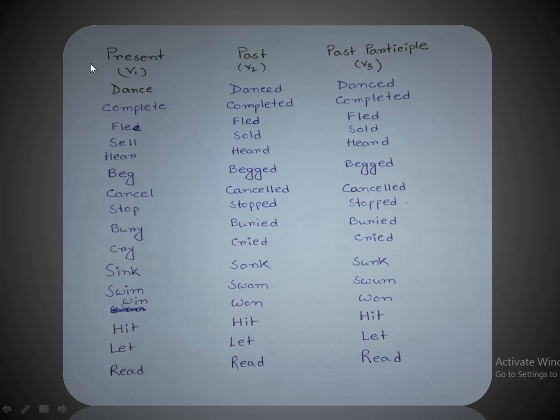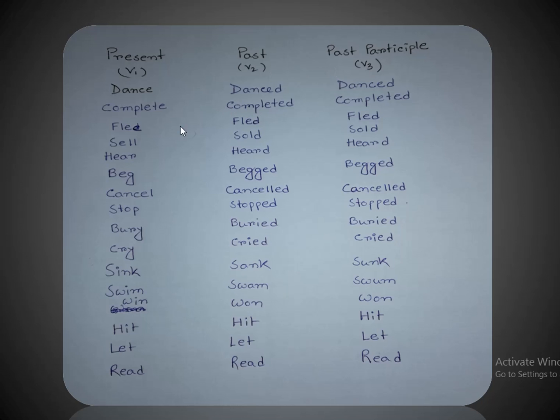These are the three forms of verb, and these three forms of verb are called conjugation of verb. The first one is indicated as V1, the second as V2, the third as V3. V1 is present, V2 is past, and V3 is past participle.